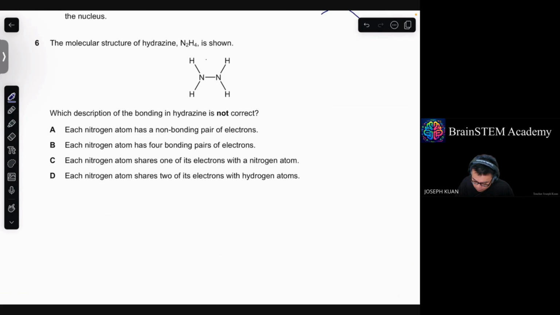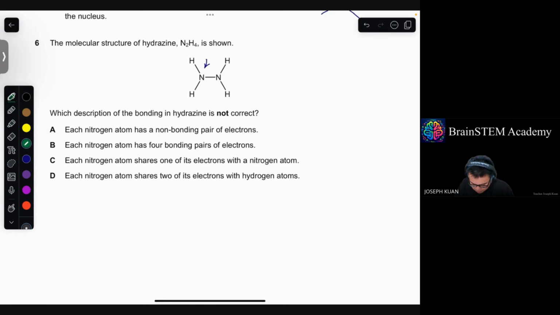Nitrogen atom, as you can see, contains 3 sets of bond pair electrons, which means 3 lines. So the answer for this question will be B because it's asking for not correct. And we literally just found out that nitrogen atom only has 3 bonding pairs. All right, so the answer is B.